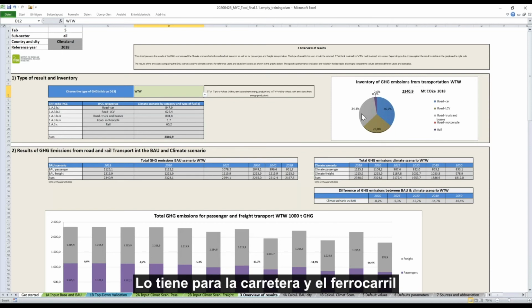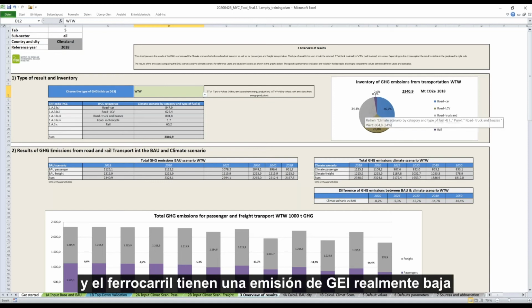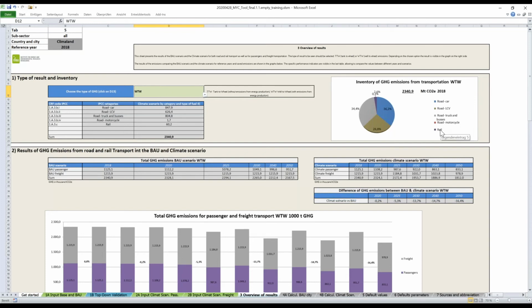For road and rail, you have the cars taking almost 40%, then LCVs, the trucks and buses, and as you see, motorcycles and rail are really low. For rail, you have emissions because of course you are in well to wheel.